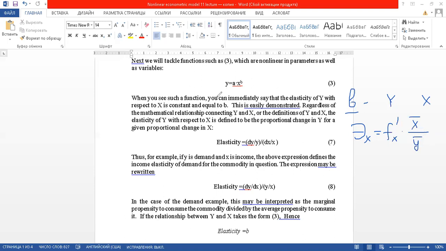So if we have our function, the derivative of our function is a times b times x to the power of b minus 1.